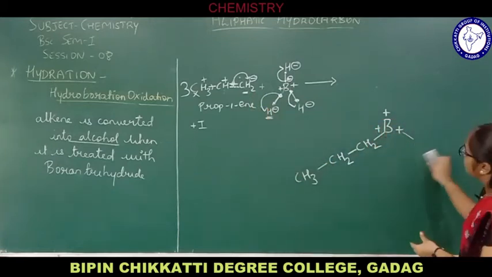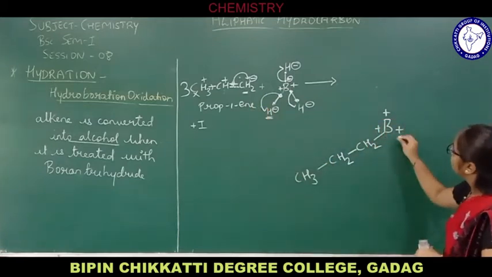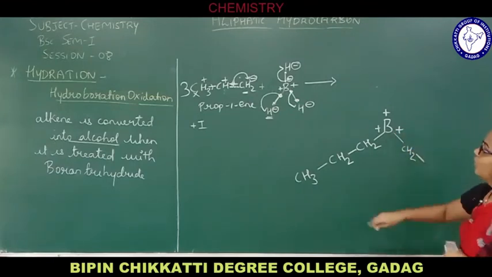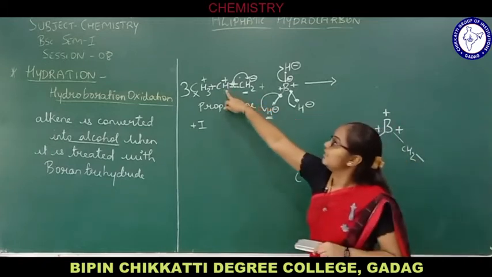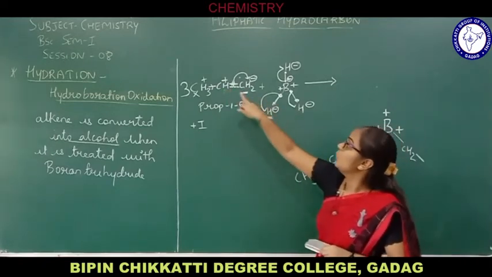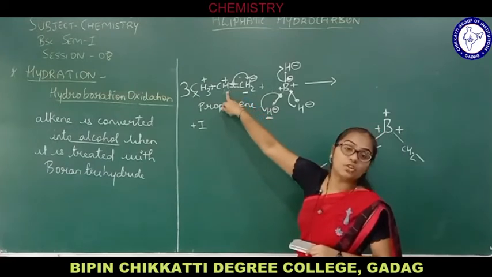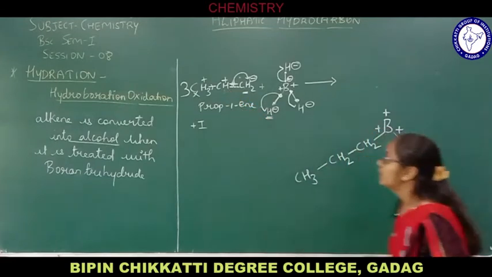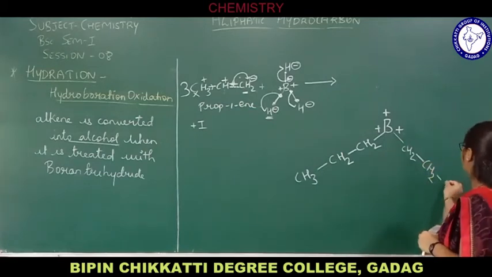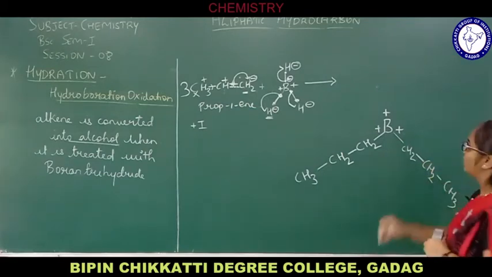And then in a similar fashion, this negatively charged hydrogen will go and get attached to this positively charged carbon atom, right. So this will become CH2 and this CH3, okay.